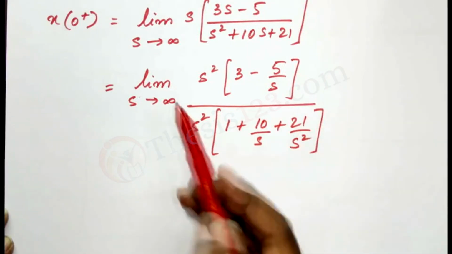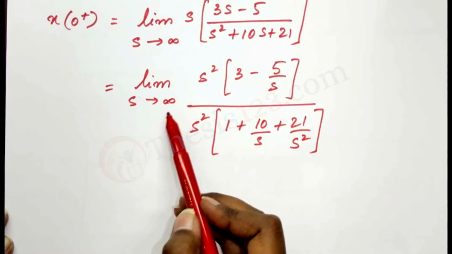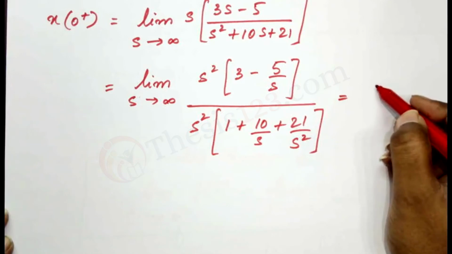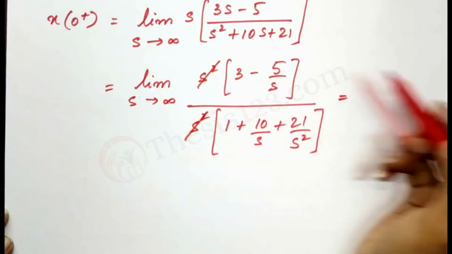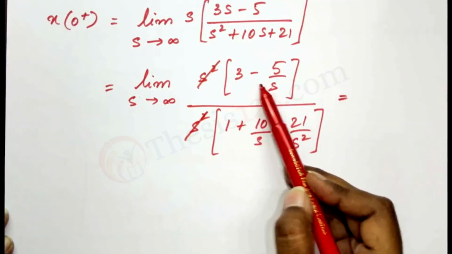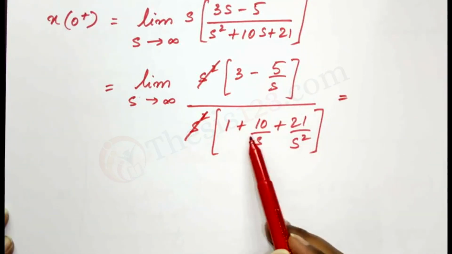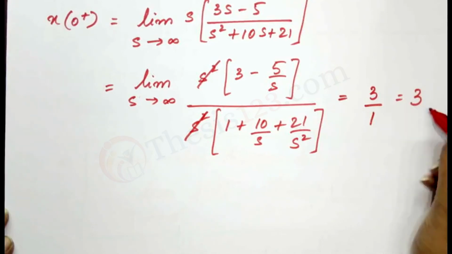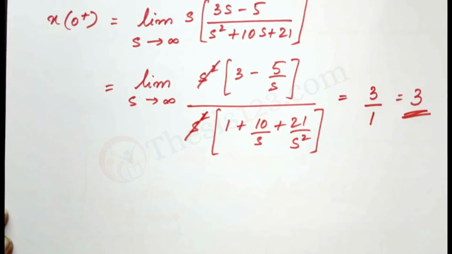Now if we apply the value of infinity, we will arrive at the value. Now here s squared cancels out, right? So that's 3 + 0 over 1 + 0 + 0, 3 divided by 1, which gives us a value of 3.